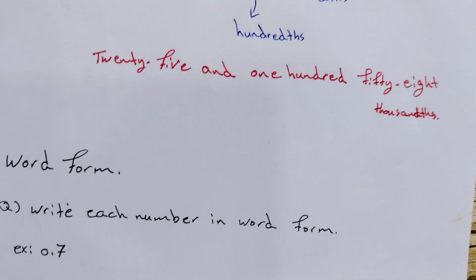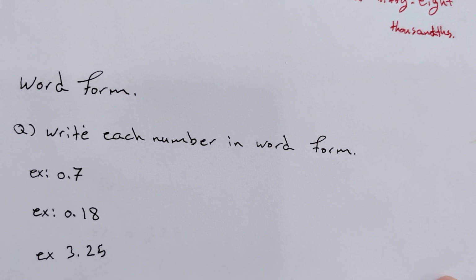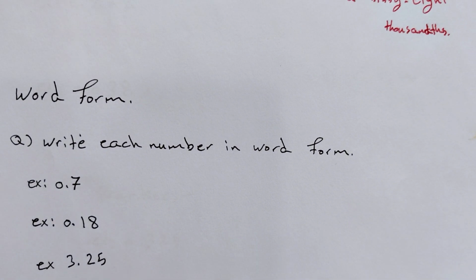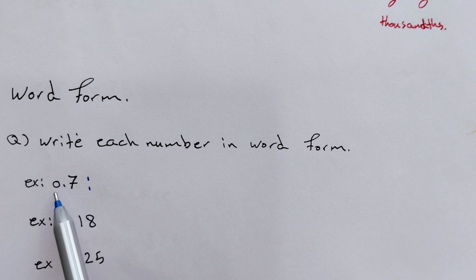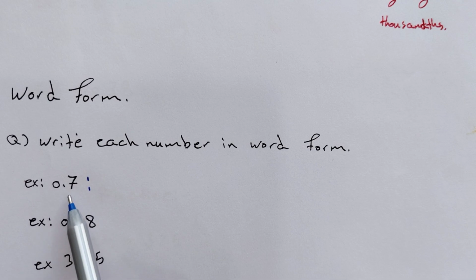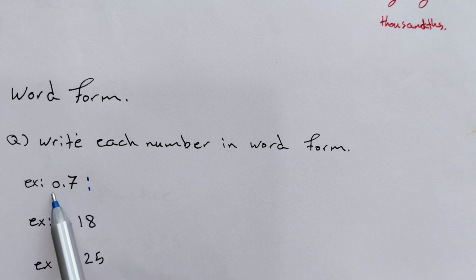So let's practice some. For example, this one says write each number in word form. Now, if we don't have a whole number, look, my whole number is 0. We are not gonna read the whole number. We are not gonna read "0 and", no. We skip the whole number since it's 0 and the decimal point also.